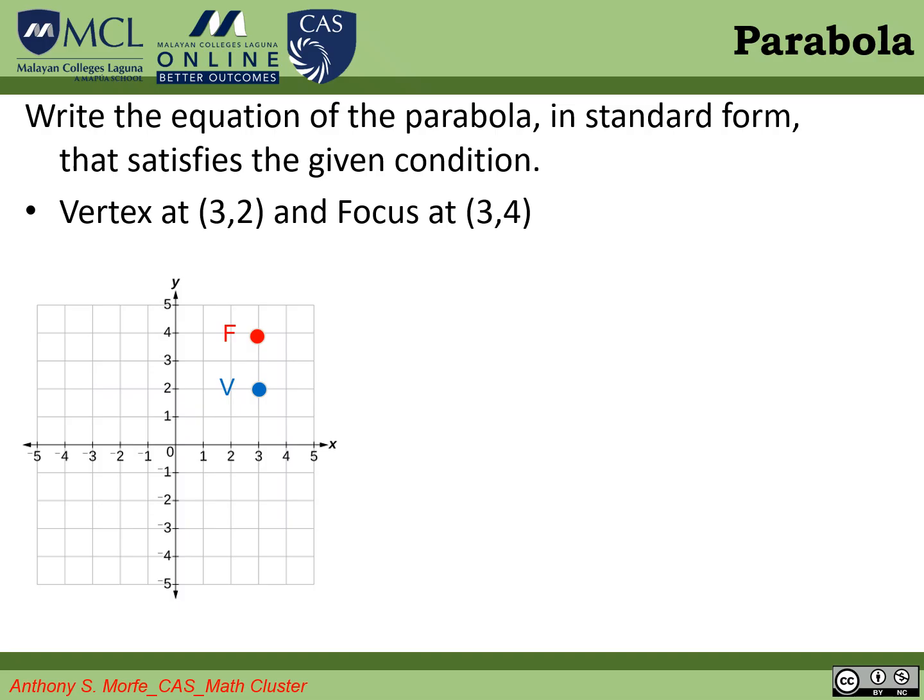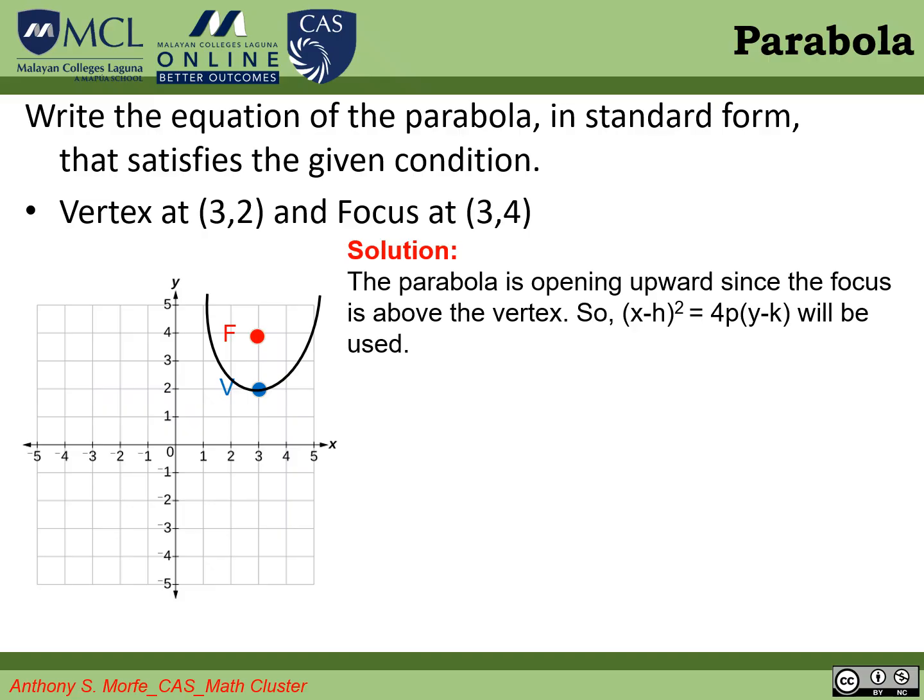So therefore, this is 2 units, the distance from the vertex to the focus. Graphically we can see that immediately, but that's not the way to do it, although you can do that to save time. So the parabola is opening upward since the focus is above the vertex.